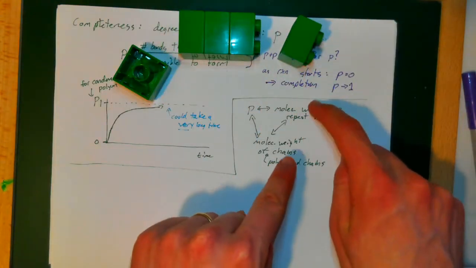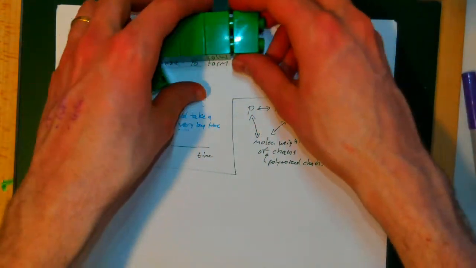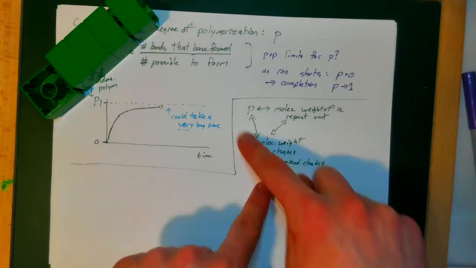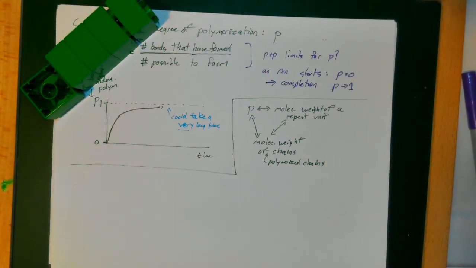So it's sort of like if you know two of these things, you can predict the third one. So I'll give these things a special name here.